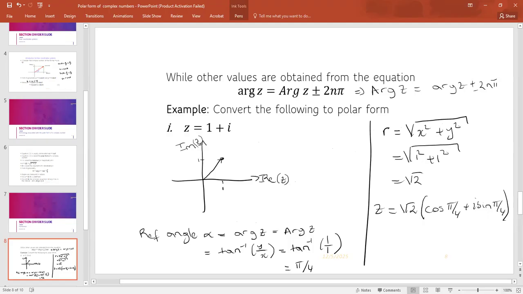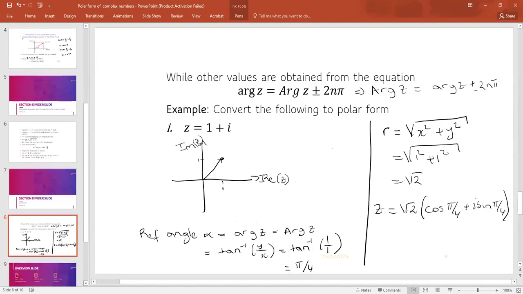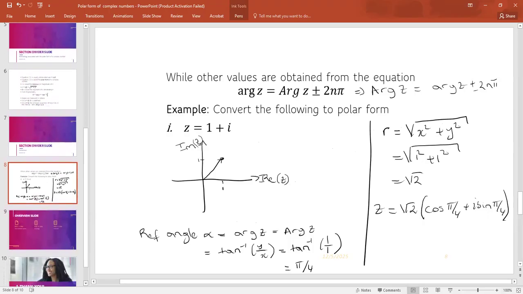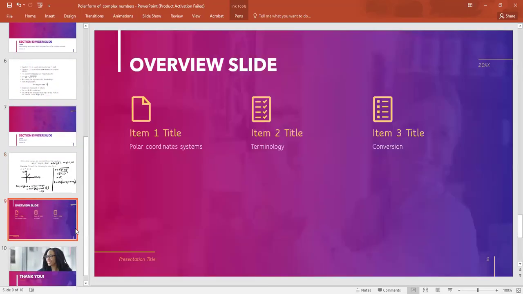This leads us to the end of our video. What did we look at through this conversation? We've discussed the polar coordinate system, how to represent a complex number in polar form for an arbitrary complex number z equals x plus iy.